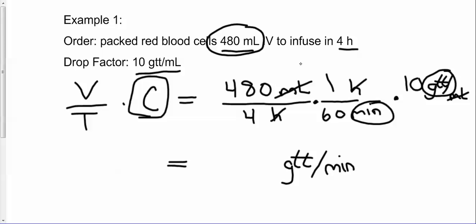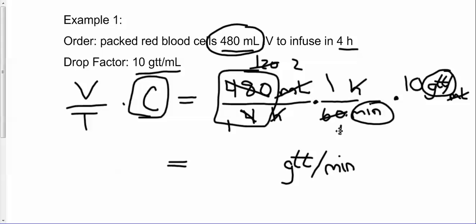So if we divide 480 by 4, I know that's 120. And then you could reduce further, because 120 over 60 is 2 over 1. So 60 goes in here twice, 60 goes in there once.